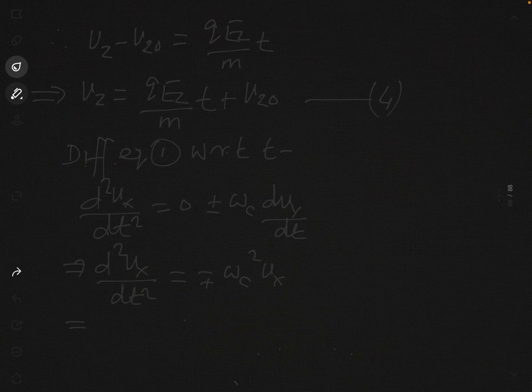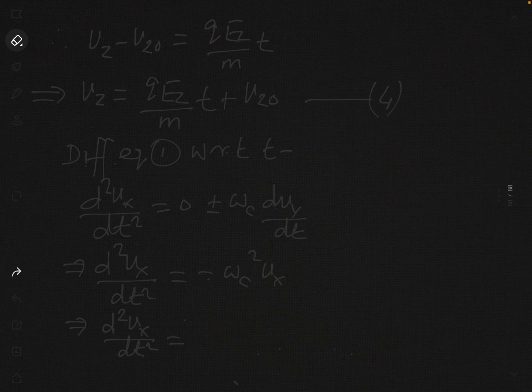And we may write this equation in this manner. This is d2 Vx by dt square, and this is equal to, after substituting the sign, this will be only minus.